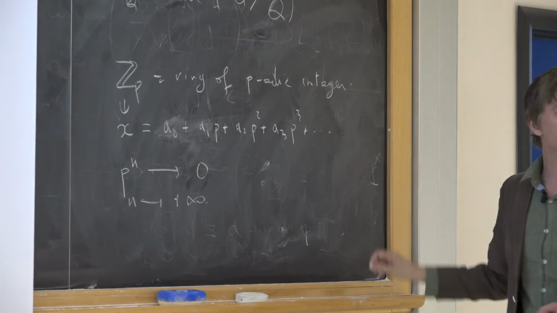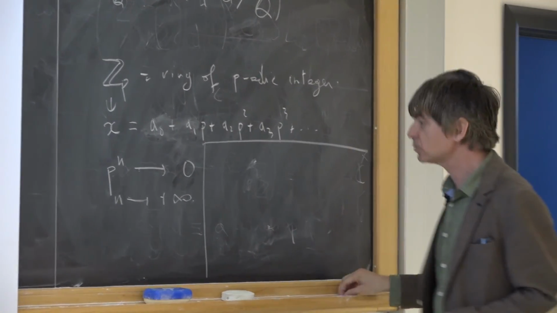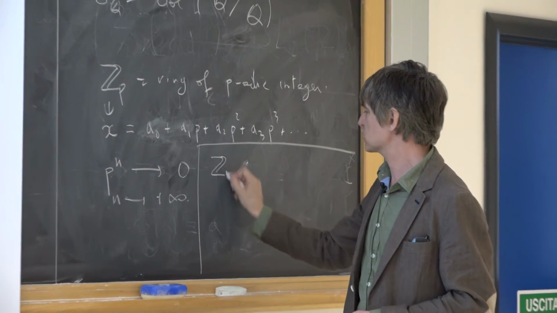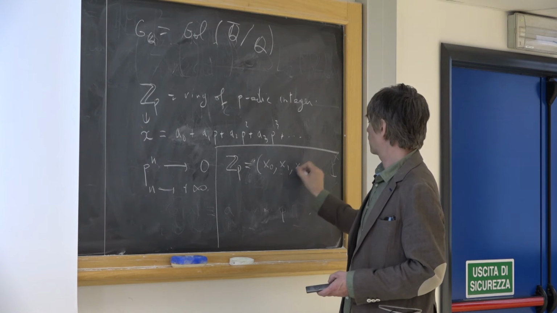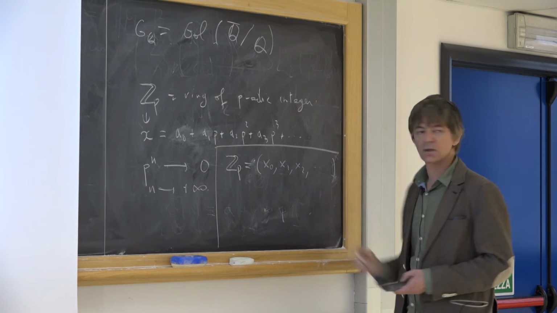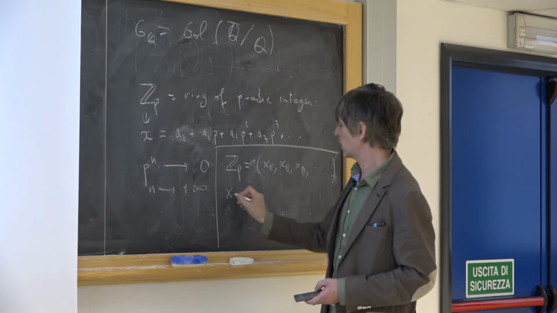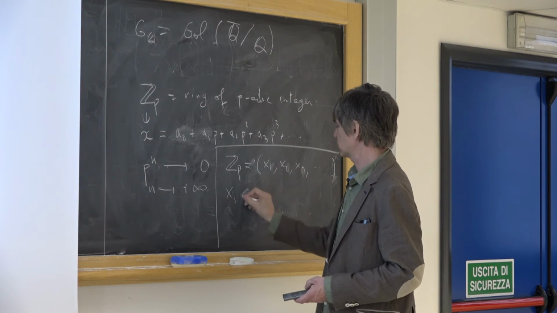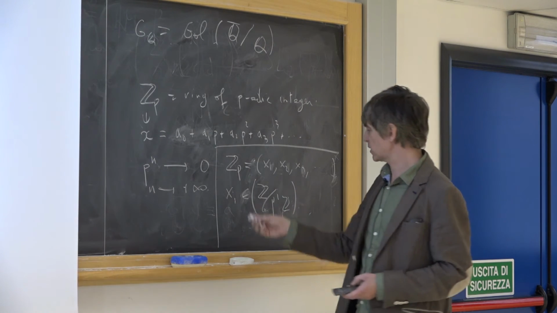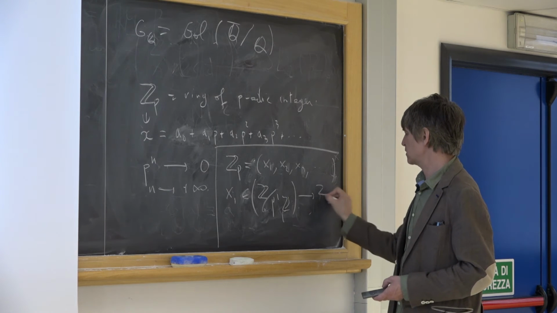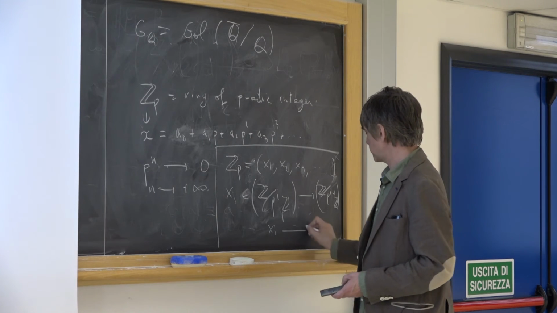So it's why this series makes sense. And so a rigorous way to look at this is to define Z_p as the set of sequences x1, x2, x3, and so on, where x_i belongs to Z modulo p to the power i Z, and such that when you project this to Z modulo p to the i minus 1 Z, then x_i is sent to x_{i-1}.